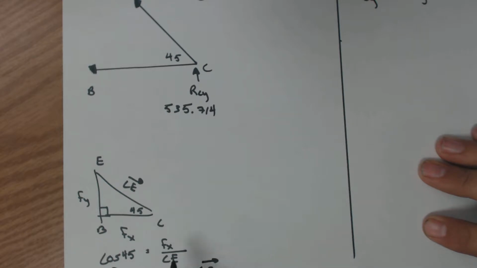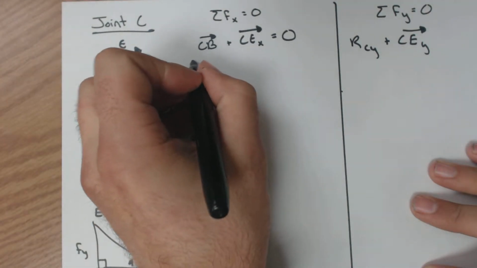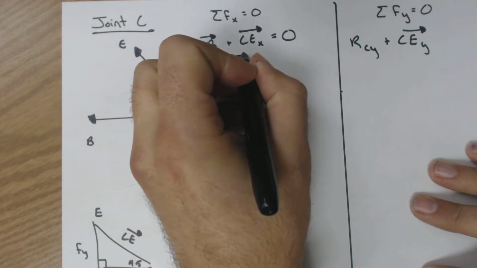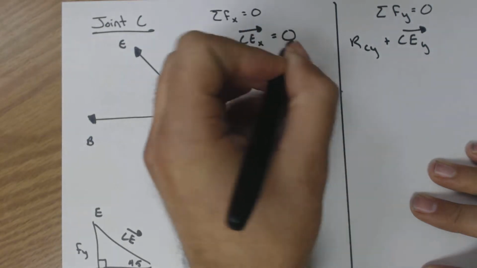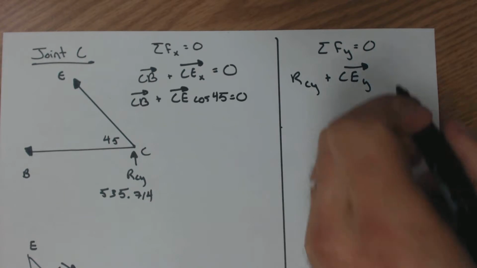And similarly for the y force, I would switch this out with sine. So I'm going to substitute that up top, leaving CB alone, and that's going to be plus the overall vector times cosine 45. And I don't know either of those, so I've got to hop over to my y side.